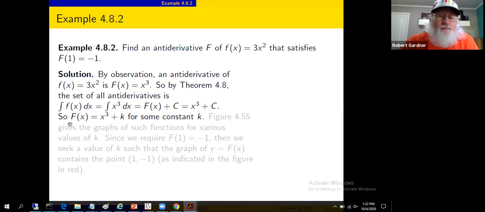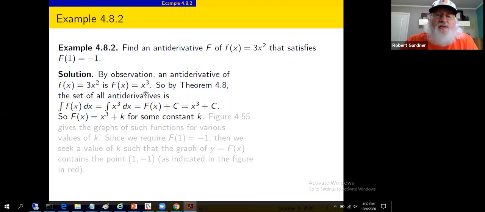So capital F of x that we're looking for up here must be of the form x cubed plus k for some constant k. The desired antiderivative must be of this form. Now we need to figure out what the constant k is. Slight abuse of notation.